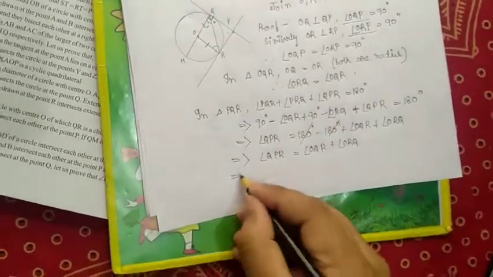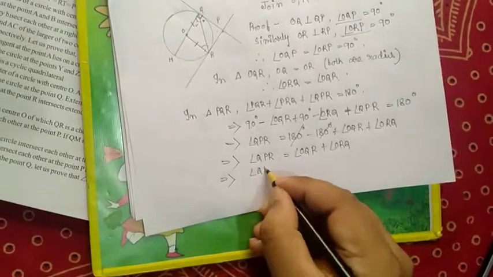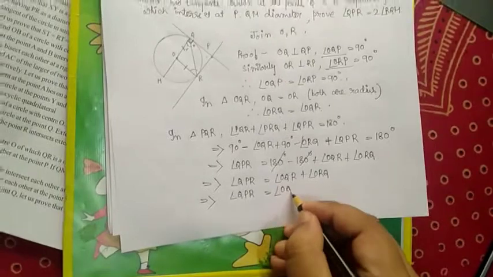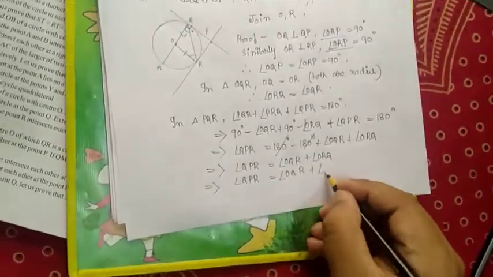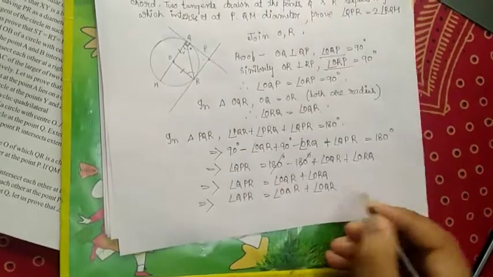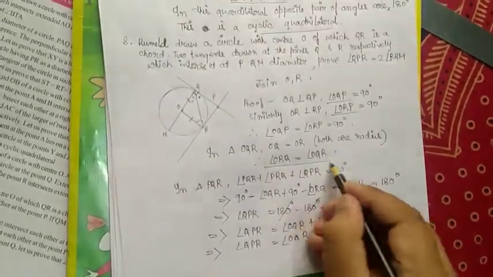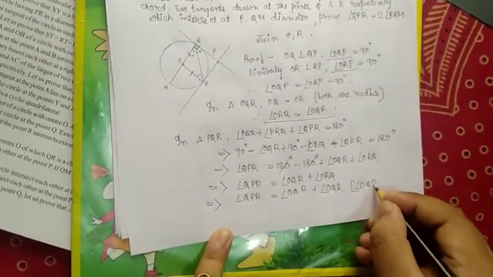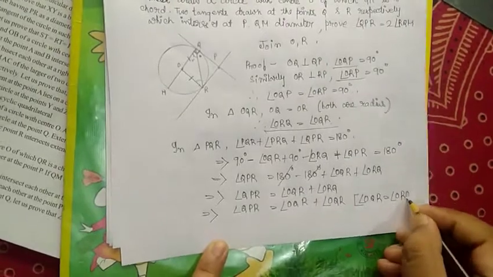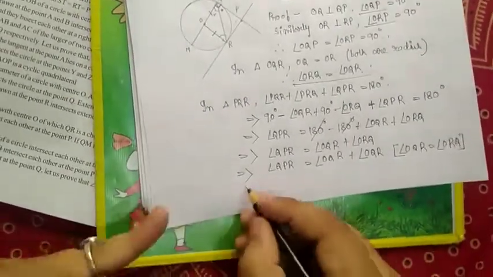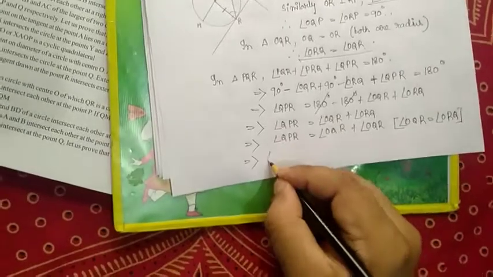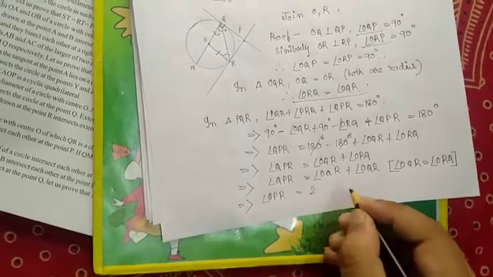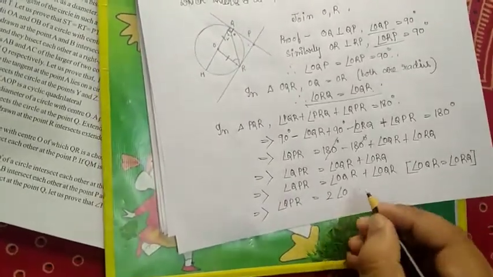So angle QPR equals angle OQR plus angle OQR, as we previously proved that OQR equals angle ORQ. So angle QPR equals 2 angle OQR.